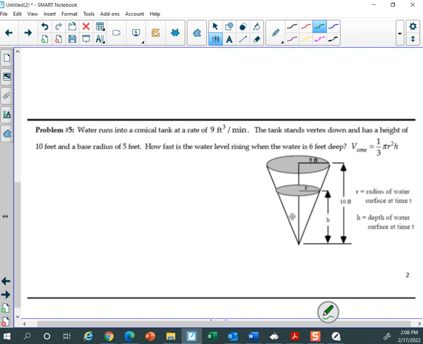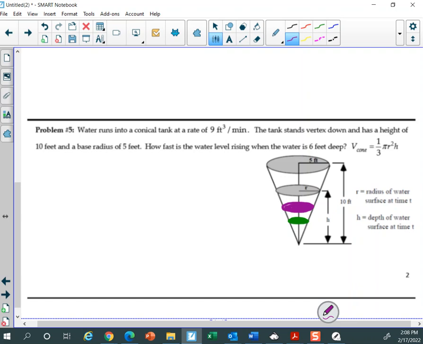And if you think about the water going into the cone, if I stop the water at this height, and I've got this little circle on the top, versus if I stop the water at this height with a bigger circle at the surface.